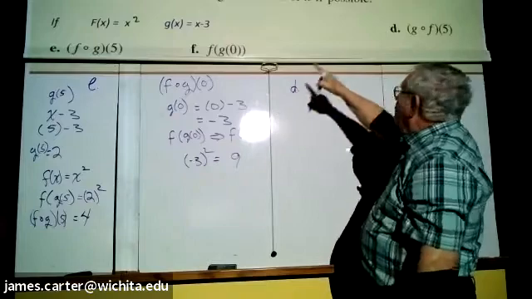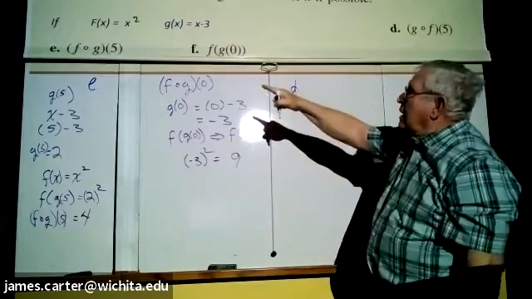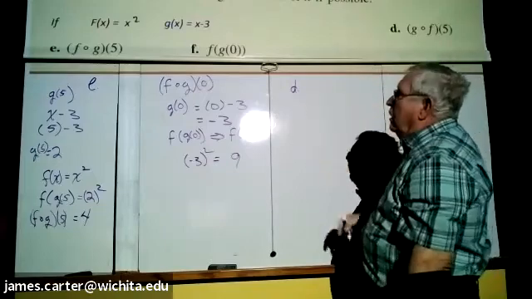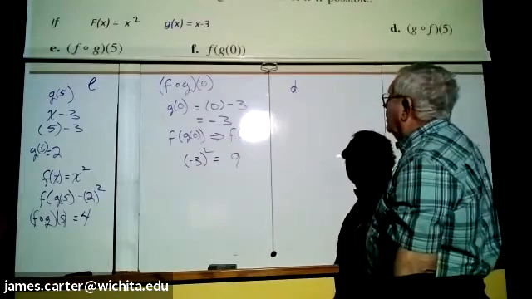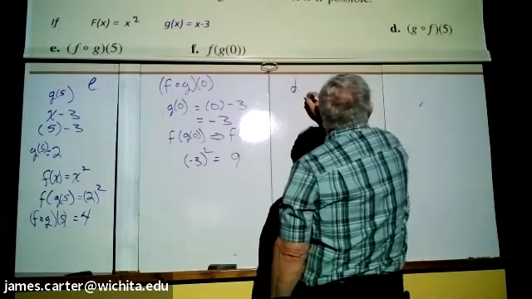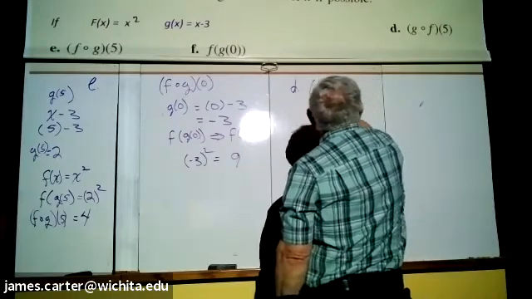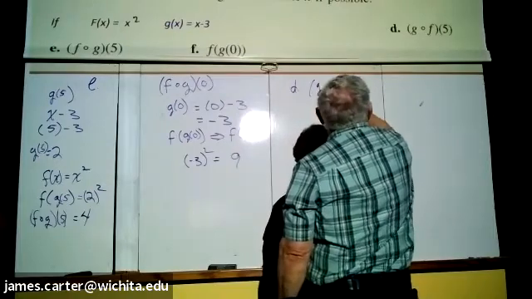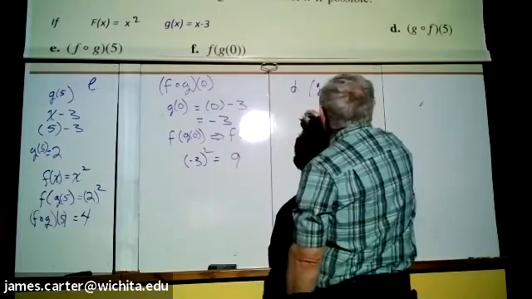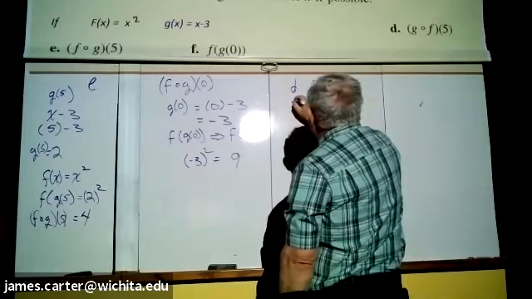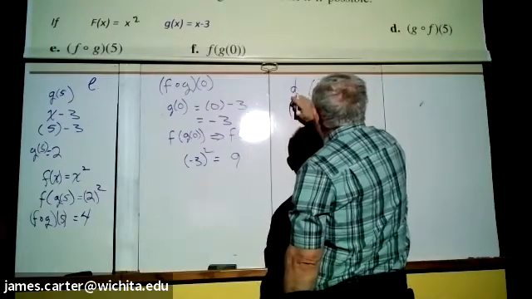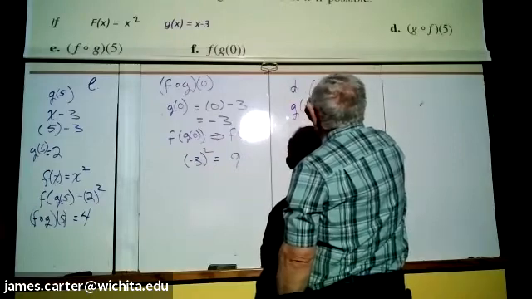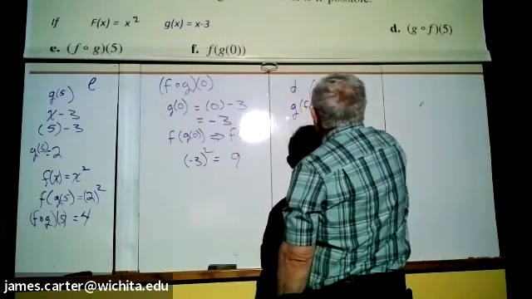Now, notice the only difference in D and E is we're changing the order of G and F. So in this case, G composed F of 5 becomes G of F of 5.